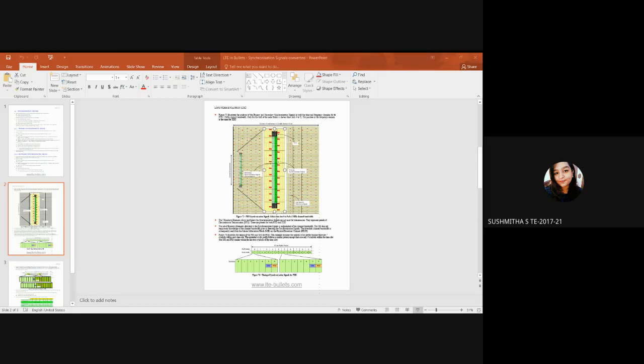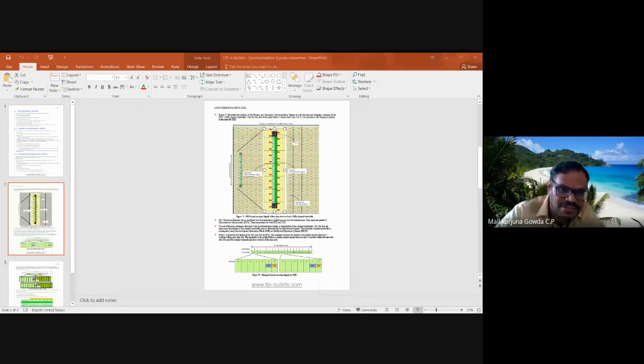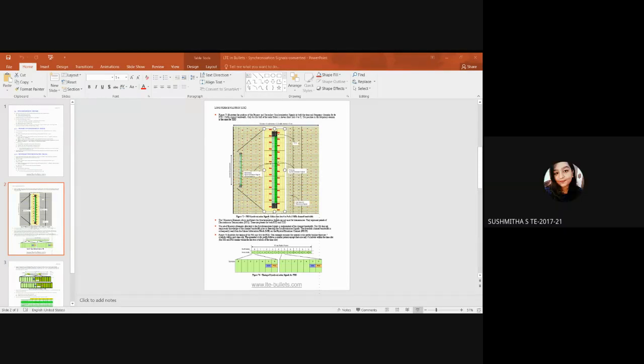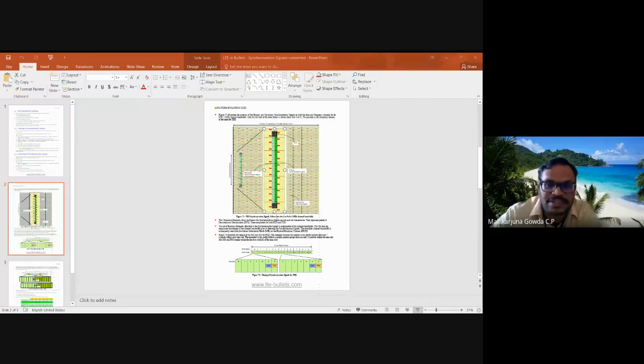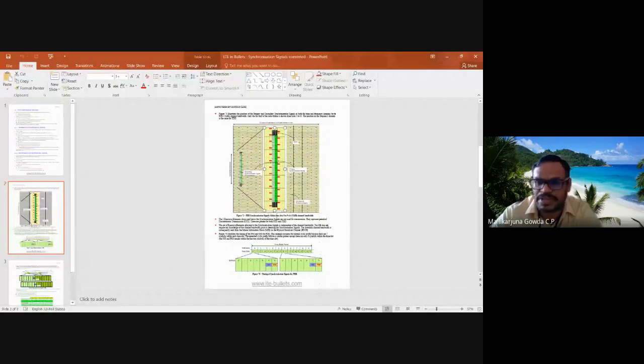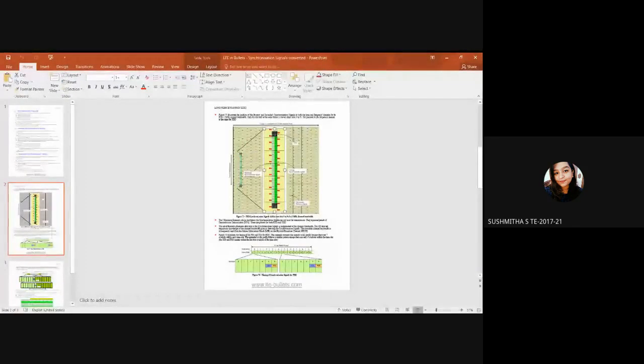How do I zoom it? Double click. If I double click, it is going back. Sir, you can use this percentage, that 57%.